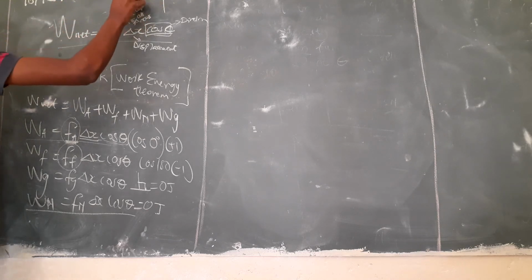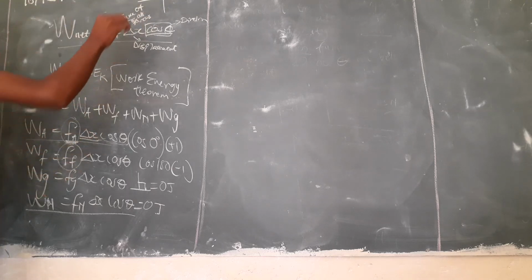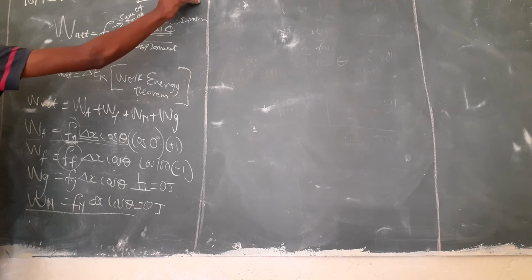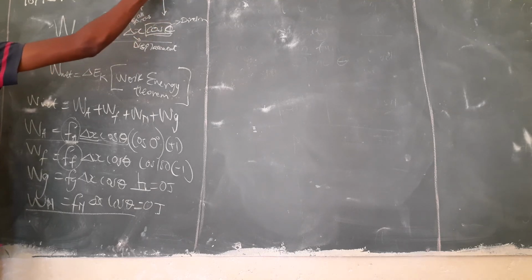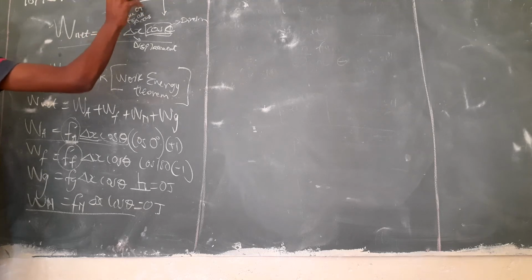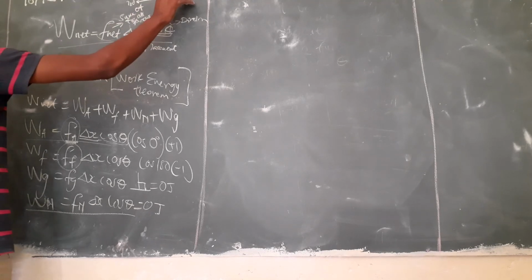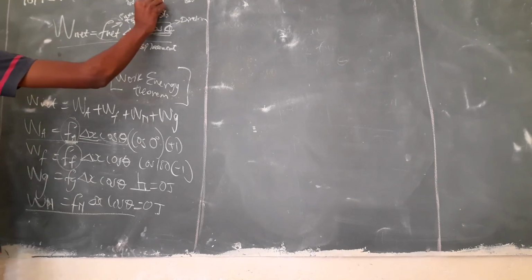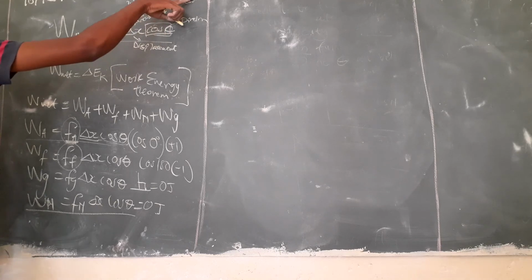Looking at this, we have 0, 90, 180, 270, and 360 degrees. If the object is moving along this way, it's 0.